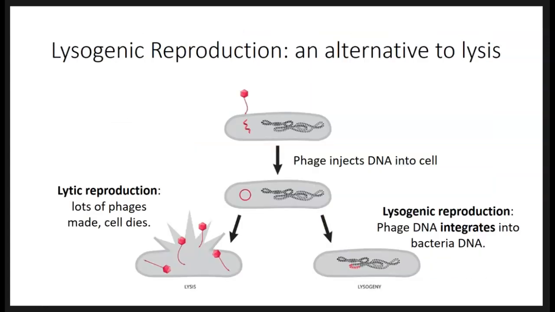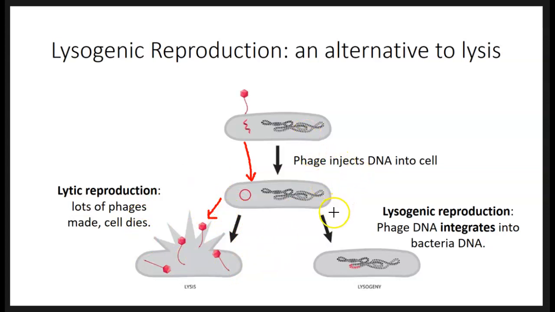So lysogenic reproduction is an alternative to the lytic cycle. As we talked about in lytic reproduction, a bacteriophage infects a single bacteria, injects its DNA into the cell, and then reproduces new phages which kill the cell and release those phages into the environment.